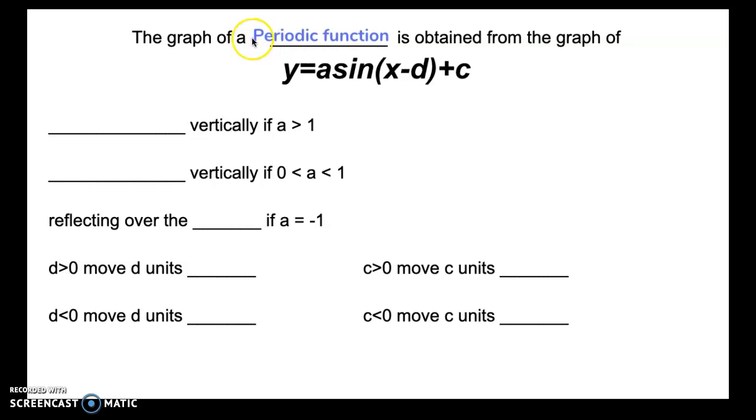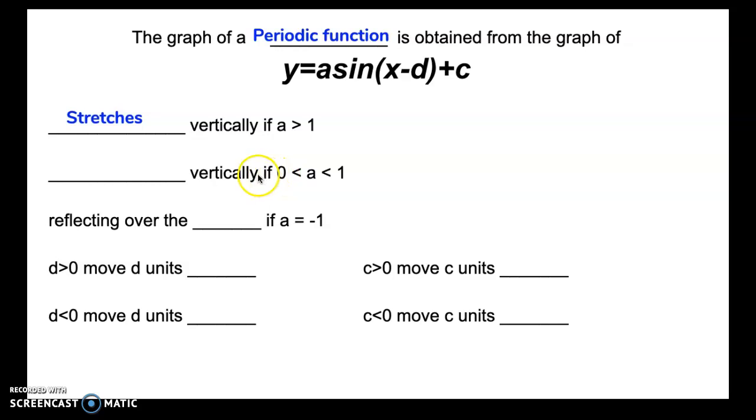So the graph of a periodic function is obtained from the graph of this general equation. And each of these letters will tell us how the parent function, so if we just graph sine x, gets stretched and moved around. If you did that activity, you would see that if we have an a value bigger than 1, it stretches the graph vertically.